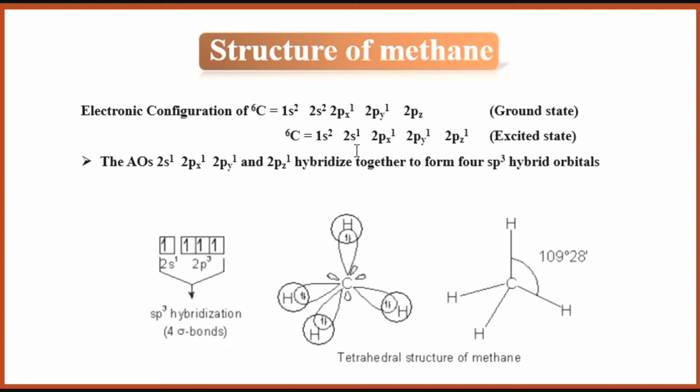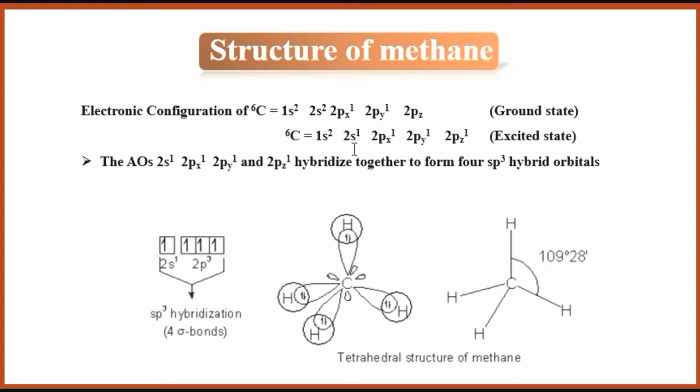would be transferred. Here the one electron in the outermost shell, that is second shell, resides in the 2s orbital.